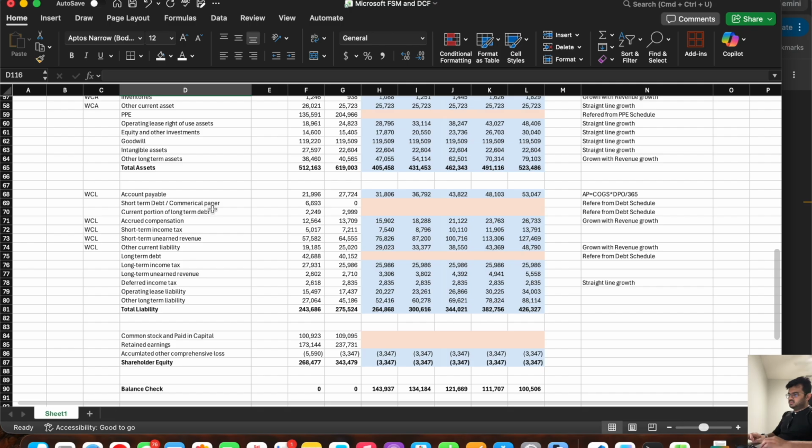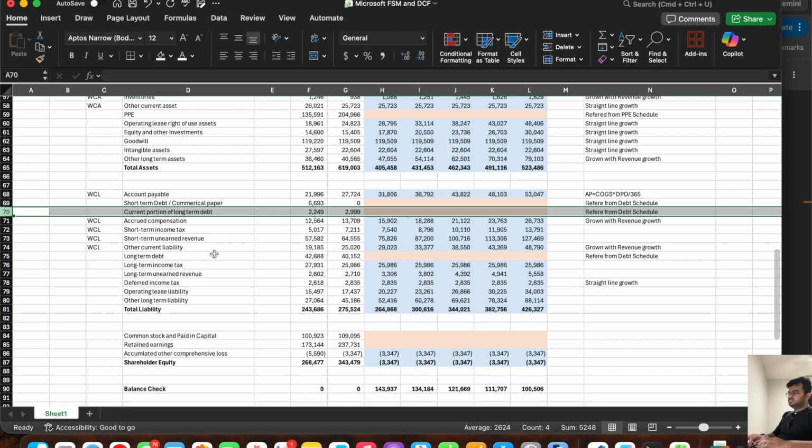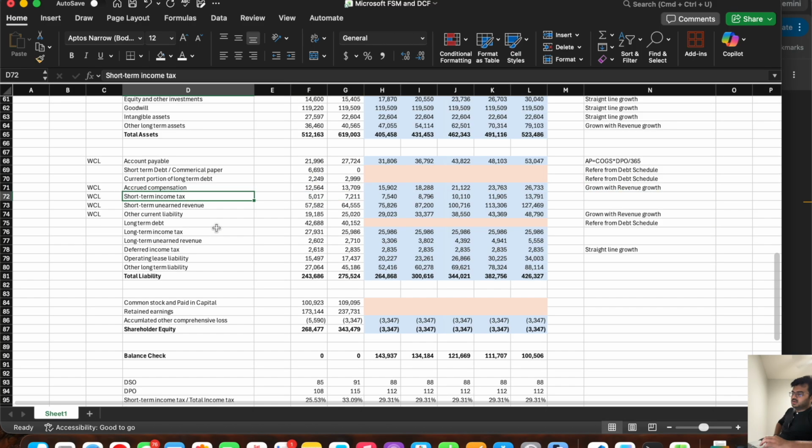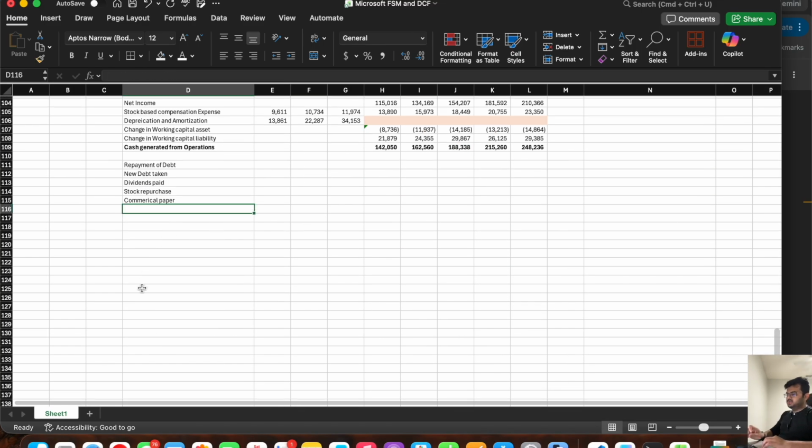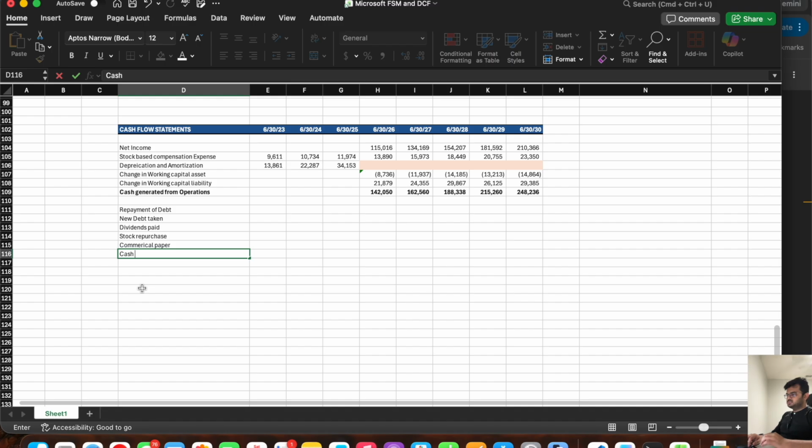Then current portion of long-term debt. Okay, let's have it as it is and come back later. Then if we sum all the items, we will get cash used in financing activity.